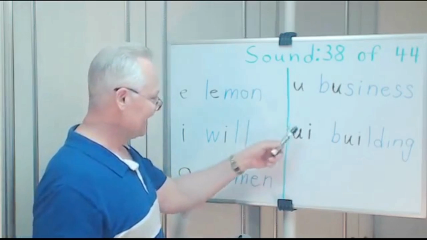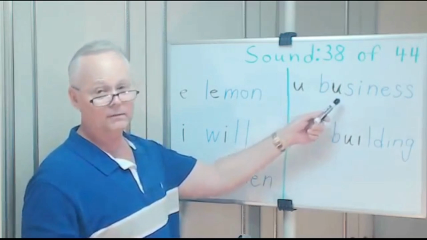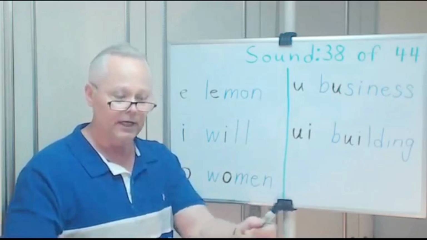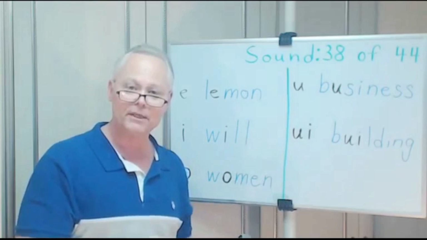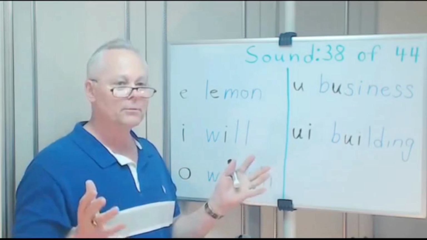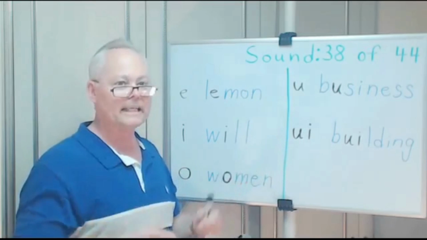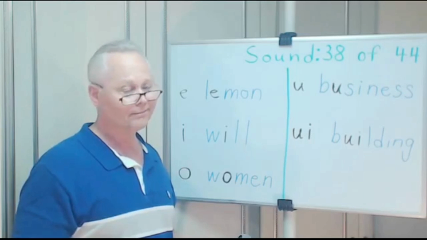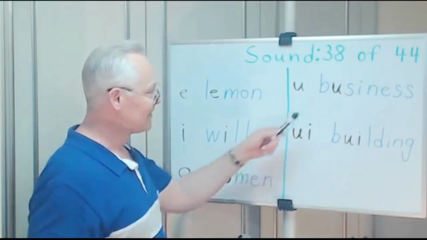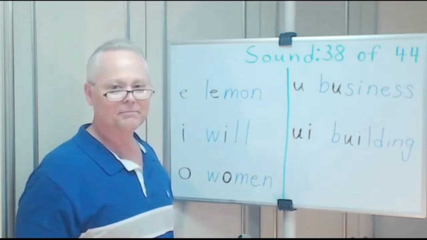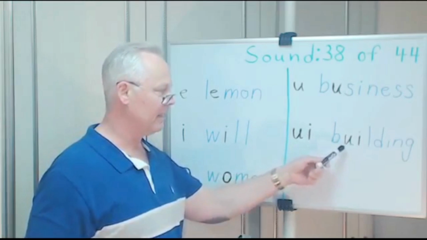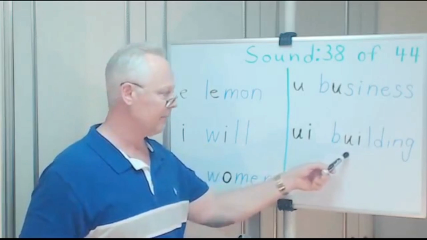Okay, we go over here, the letter U in the word business. And you know what business is, right? Company, exchanging money. What's the purpose of a business? Business's purpose is to make a profit. If it isn't making profit, it really isn't a business. The purpose of a business is to make a profit. Okay, UI. We have building.